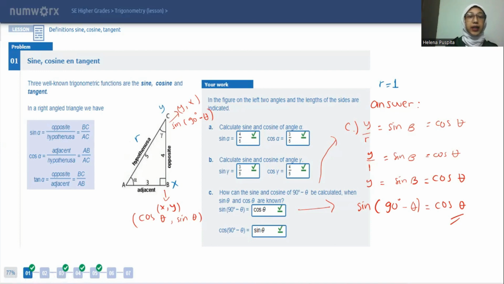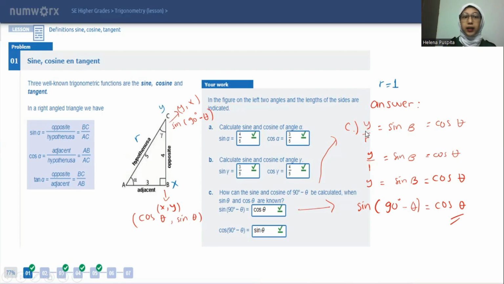For the solution, with the triangular figure, we can find x, y, and r, where x is the x coordinate, y is the y coordinate, and r is the hypotenuse. So the solution is r equals 1.